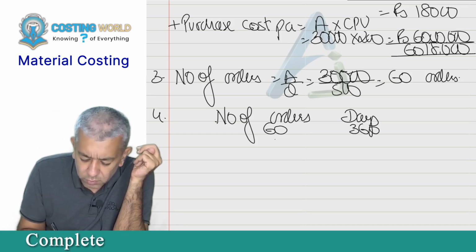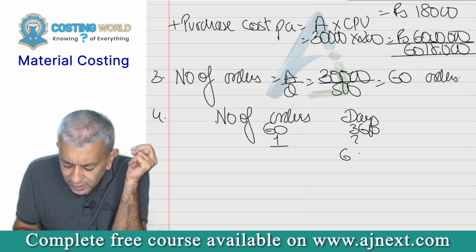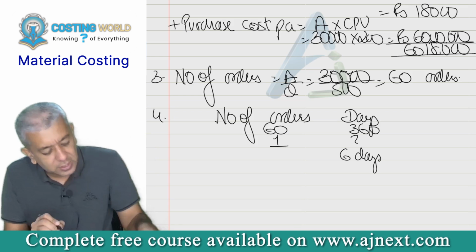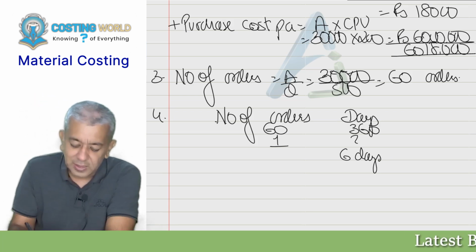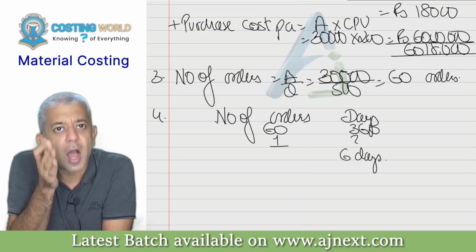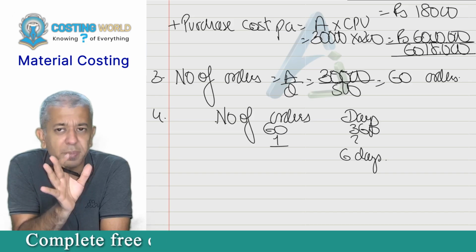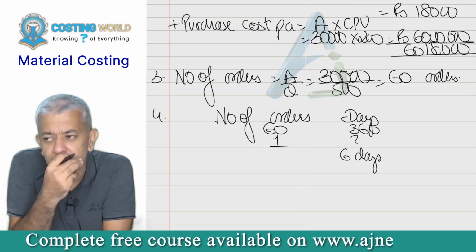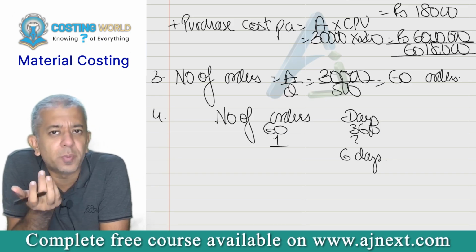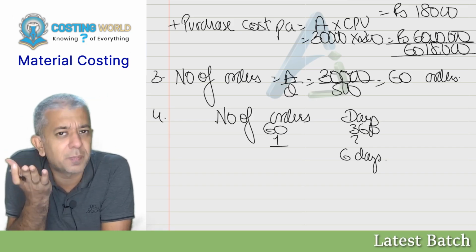So for every one order you are going to have how many days here? 6 days. So basically this 6 is nothing but after every 6 days you will place an order. You understood the meaning of this? This is how frequently you are going to place an order. Means after every 6 days I tell my supplier that I am placing an order with you.